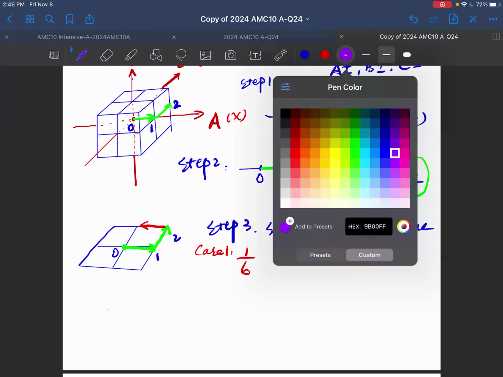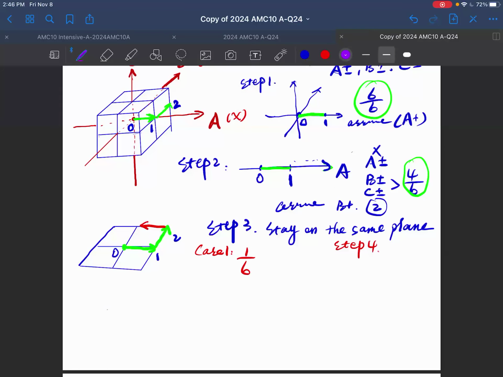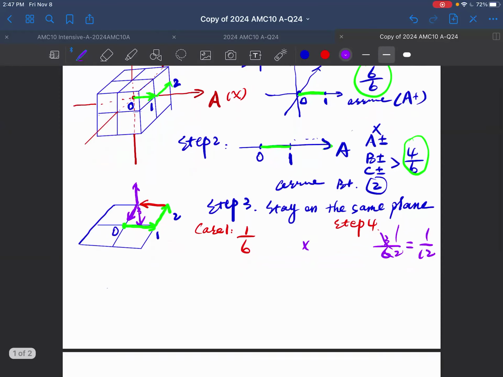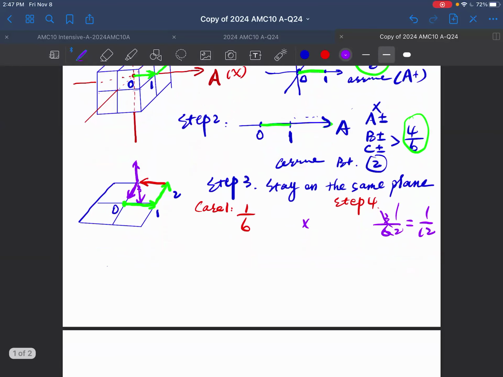So let's use this corner. Basically, we were here. When we get to here, we can move this way, and we can also move in the C direction. So that actually gives you 3/6 ways. So together this becomes, cancelling half, 1/12. So that's for case 1.